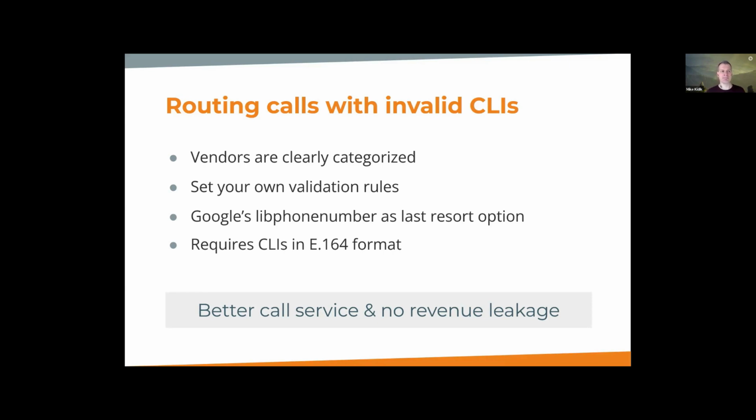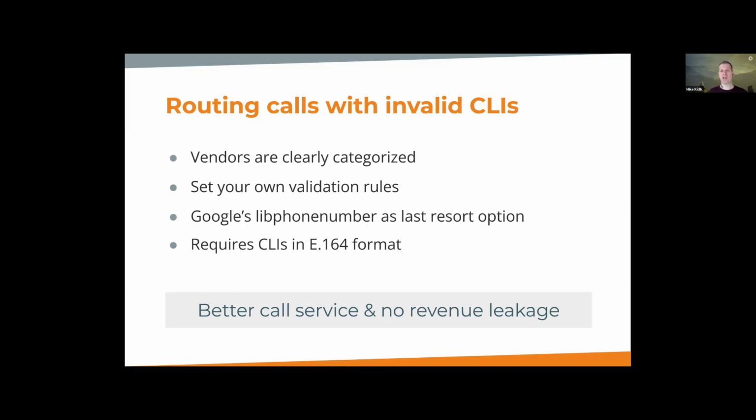A lot of carriers would simply not accept a call if they deem the CLI invalid. Some other carriers impose surcharges. So if they consider the CLI invalid or the CLI is missing in the call, they add a surcharge to the regular price for that destination.